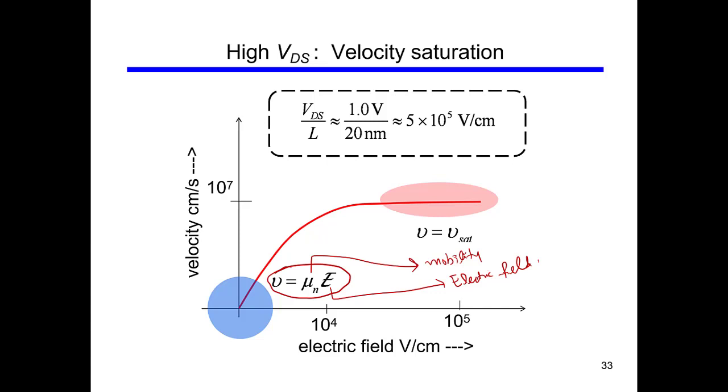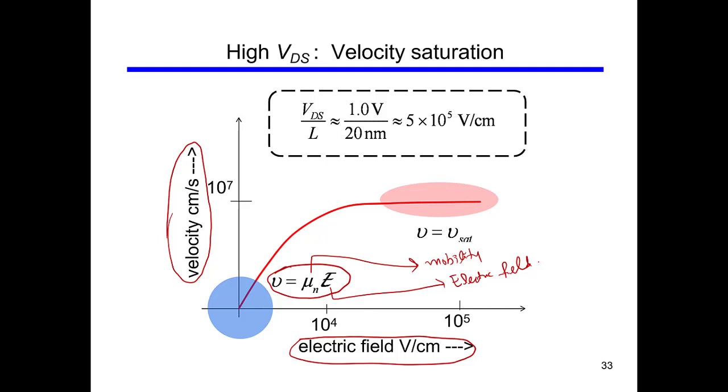So here is a curve. On the x-axis we have the electric field, in volts per centimeter, and on the y-axis is our velocity, in centimeters per second. If we plot the curve of electric field versus velocity, we get a curve like this.